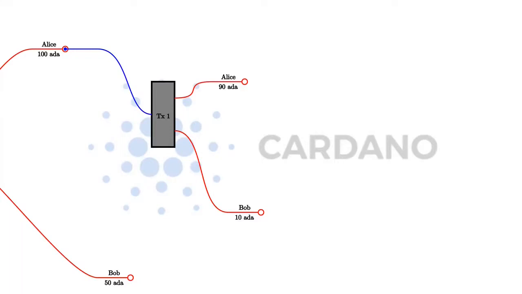One 90 ADA EUTxO belonging to Alice and another 10 ADA EUTxO belonging to Bob. It's important to note that this is the only thing that happens on a EUTxO blockchain. The only thing that happens when a new transaction is added to the blockchain is that some former EUTxOs become spent and new EUTxOs appear.